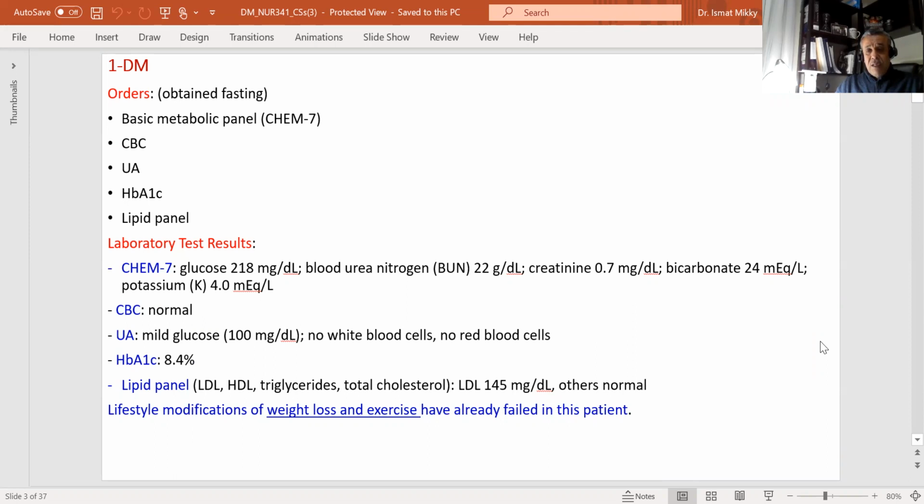All these drugs may increase the risk for diabetes mellitus in patients who take these medications.